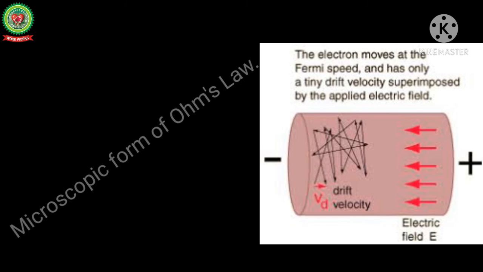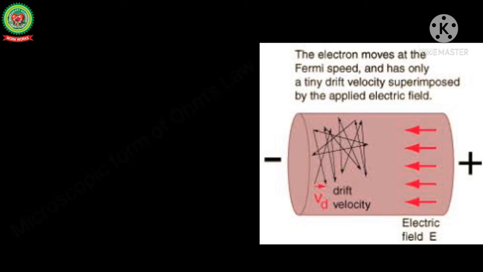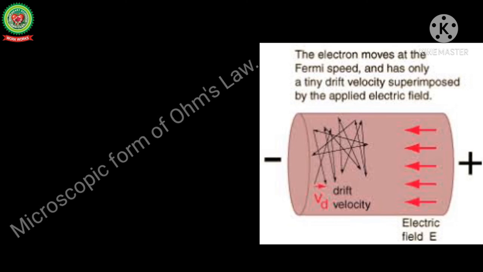Students, as the electrons move with a very small velocity, that is 10 to the power minus 5 meter per second, their tiny drift velocity superimposes by the applied electric field, and that is why this is known as microscopic form.